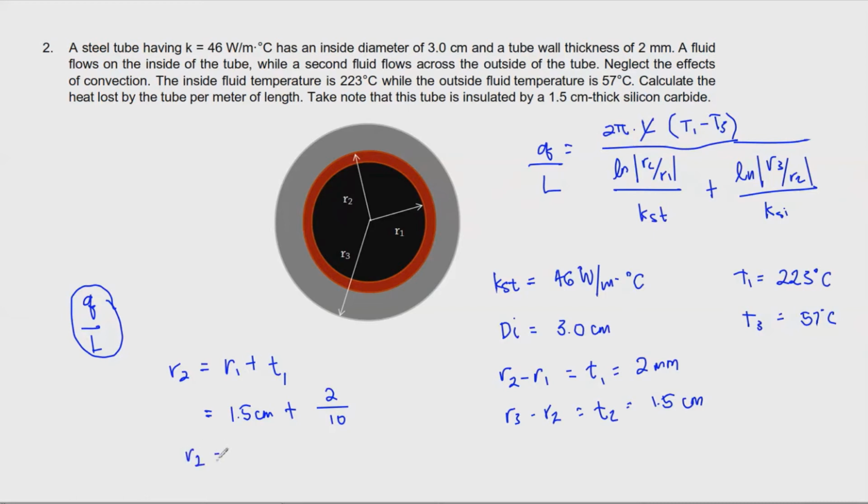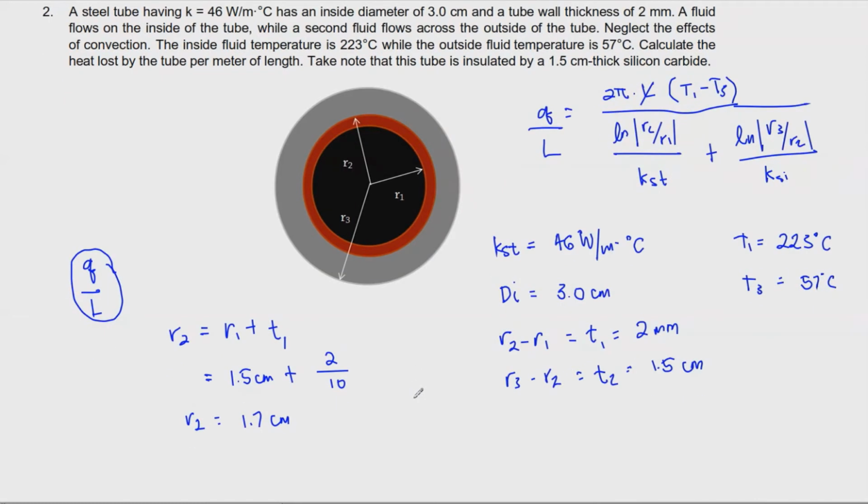So what I will get here is actually 1.7 centimeters. So the next thing that we have to do is to find R sub 3. And R sub 3 is simply R sub 2 plus thickness sub 2. That is 1.7 centimeter plus the thickness 2, which is 1.5 centimeter. Adding these two, what we get is our R sub 3, which is equal to 3.2 centimeter.